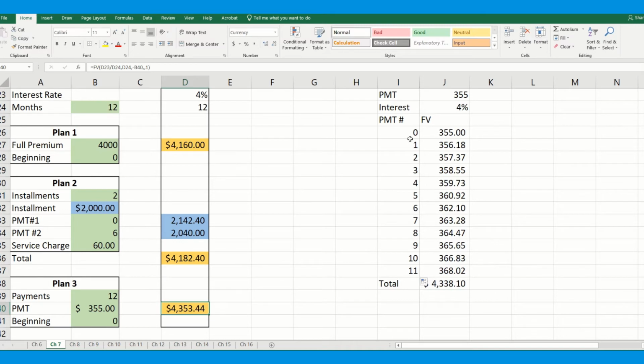So even at 0, if we said we're going forward for 0, it's at 355, so it would go 0 to 12. So that doesn't make any sense. So because mathematically it doesn't work, we can't use that because 355 moved forward 12 periods. We would have to fix that.